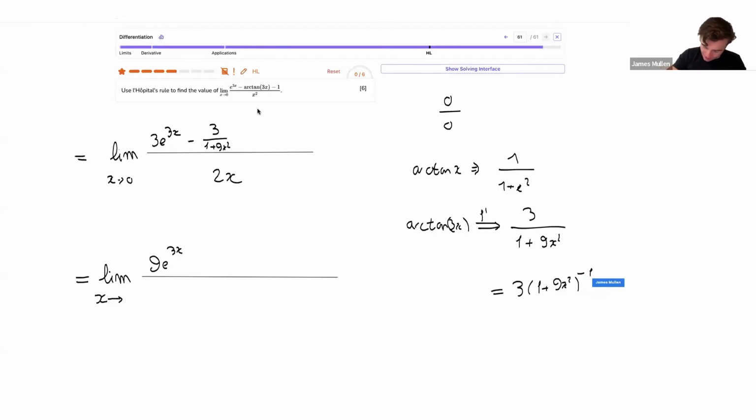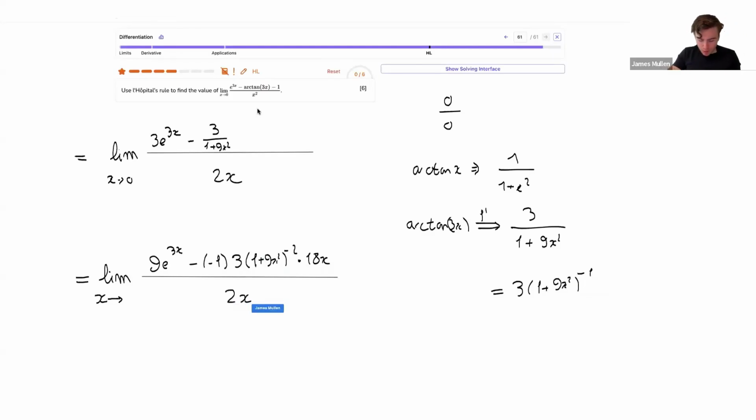Which means that now I'm going to have minus, and minus times minus 1 for the power, times 3 times 1 plus 9x squared to the minus 2, then times the derivative of the inside, which is 18x. Okay, and that is going to be divided by 2x.